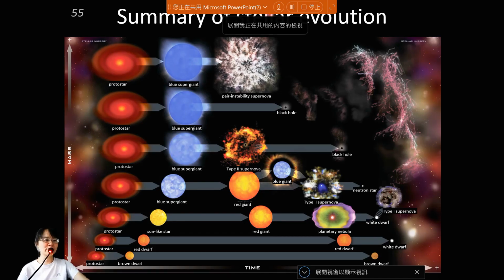This is the summary of stellar evolution. If you are a very small star, you live a long life, quietly, without much up and down, and then you leave. And if you are a middle-sized star, like our sun, you have some ups, like red giant, and downs, which is, I think, good enough.